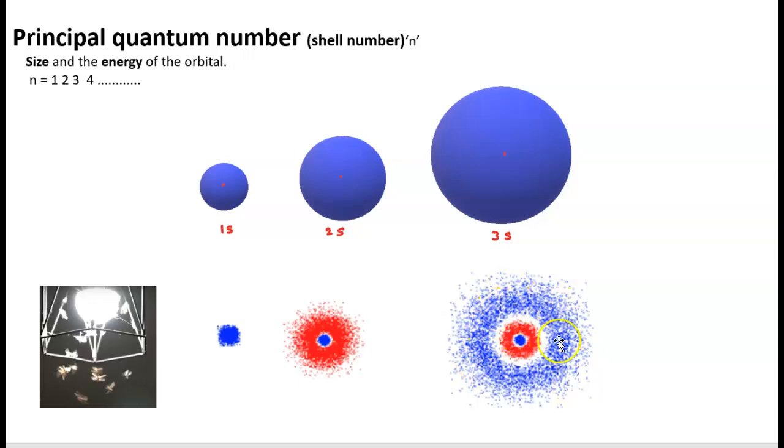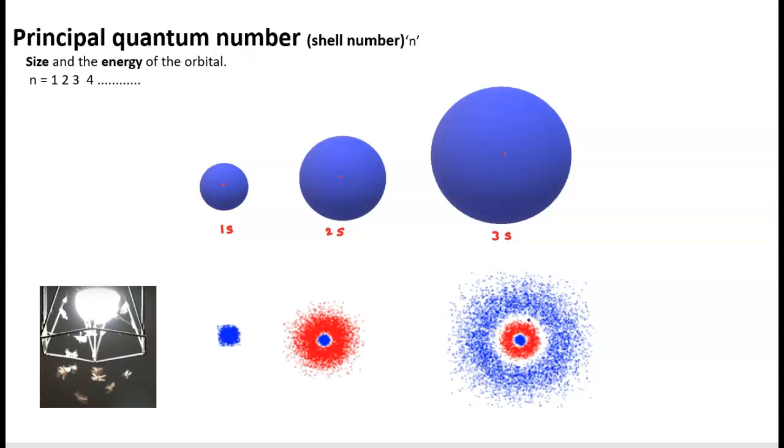That means the probability of finding the electron in this portion is more than in this portion. And you can also see the white portions here and here. These portions have a negligible amount of dots, and they are called nodes, where the probability of finding the electron is 0.